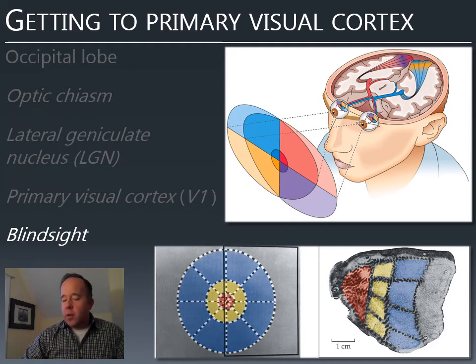But if you tell them just go ahead and try, then they're able to orient that coin into the right orientation to fit through the slot. So they're not consciously aware of their visual world, but clearly some information is getting in because they can still respond to these questions accurately if asked to do so. So a very interesting phenomenon, and it shows there are multiple pathways into the brain when it comes to visual information.